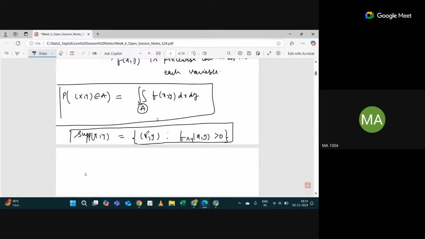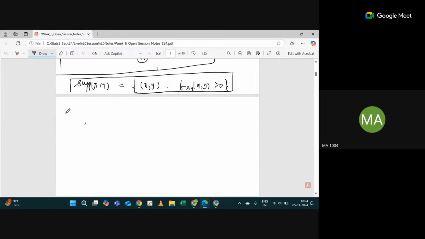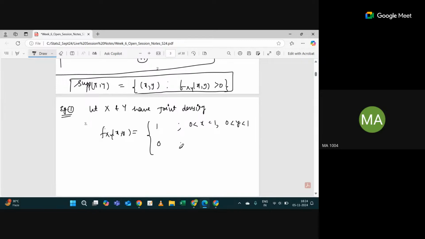Okay. So let me take some example, then maybe that will give you some clearer idea. First example, I will take a very simple one. Suppose let x and y have joint density f(x,y) defined as 1, where the support of x is 0 to 1 and the support of y is 0 to 1, and it takes value 0 otherwise.